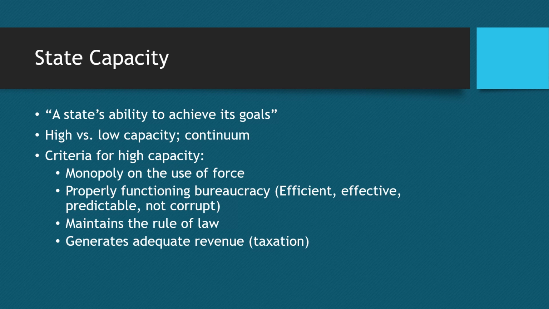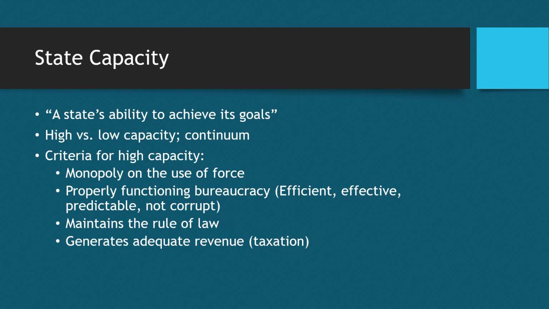A properly functioning bureaucracy. So the bureaucracy is efficient and effective and predictable. Doesn't mean we're going to like it, but it means that, for example, if you need to renew your driver's license and you go to the Bureau of Motor Vehicles, in a properly functioning bureaucracy, you will have to do the same things that everybody else has to do.